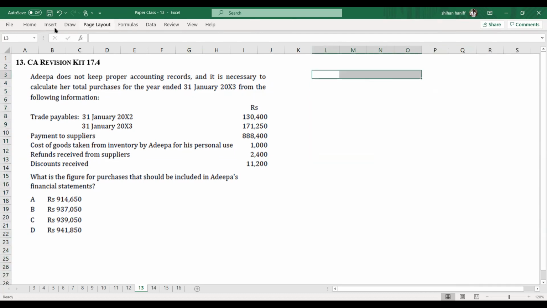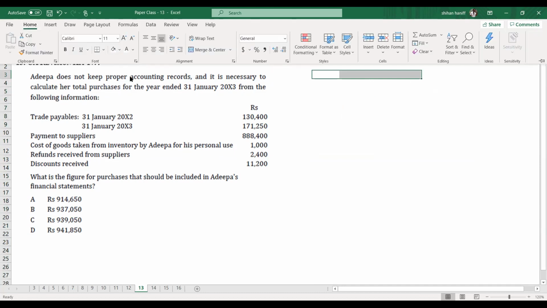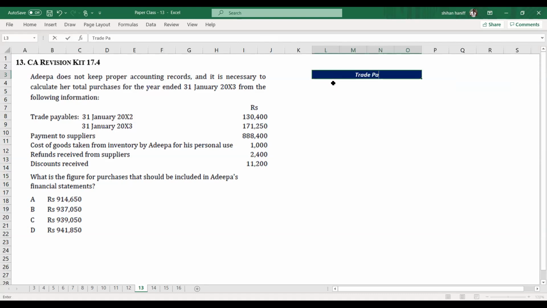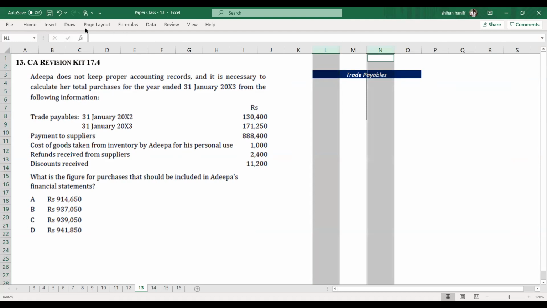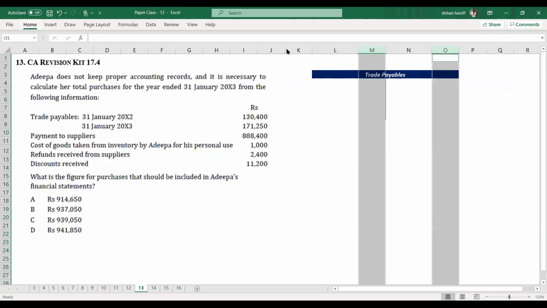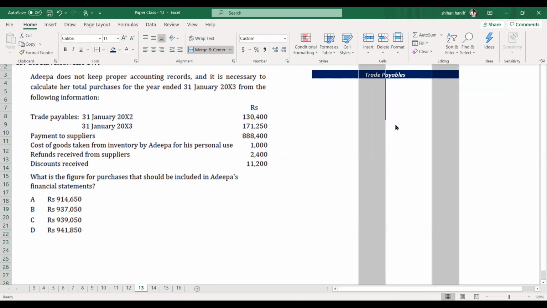Since they have given the trade payable details, let's prepare a trade payables account. Right?